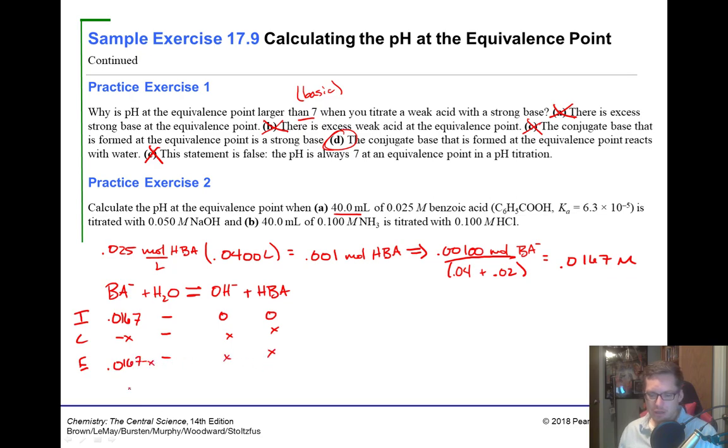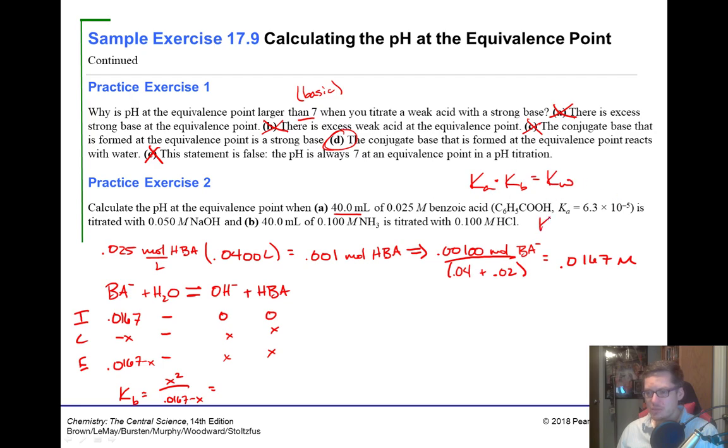Now this is equal to our Kb, right? So our Kb would be equal to x squared over 0.0167 minus x. But we need our Kb value. So these problems are kind of intense, right? So now we've got to find our Kb. Well, we know that Ka times Kb is equal to Kw.